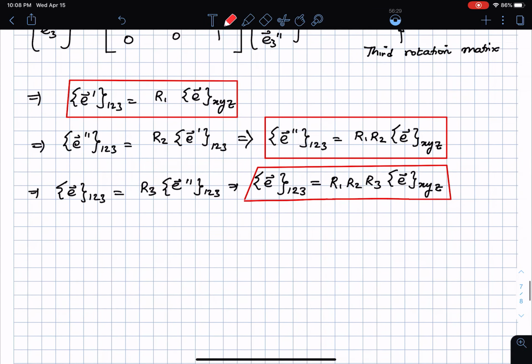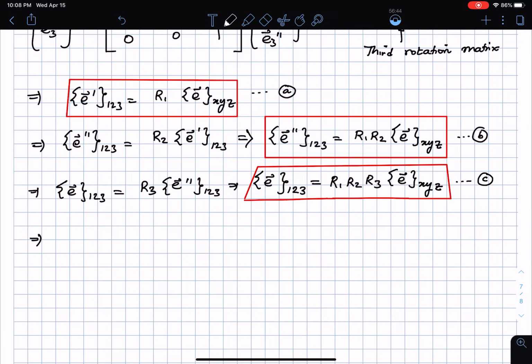I can also say the following. If I call this A, and this B, and this C, then we also have the following. Because these are rotation matrices, they're orthogonal, which means I can take their inverse and it becomes the same as their transpose.